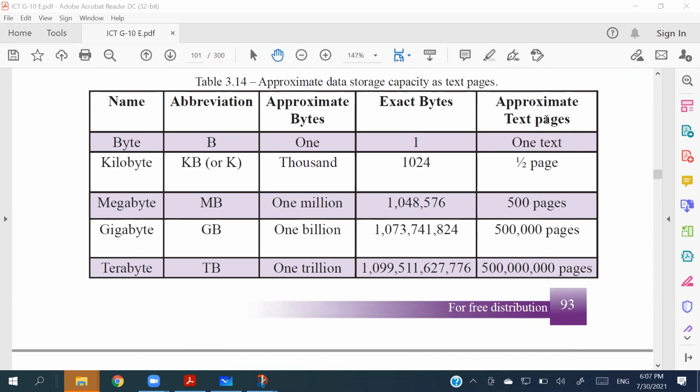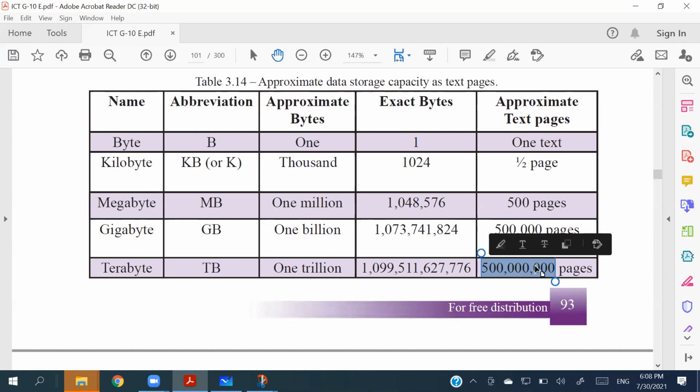So kilobyte is equal to half a page of text, and megabyte is equal to 500 pages, and gigabyte is equal to 500,000 pages. And look at the terabytes, it's like 5 billion, right? Is it billion or half a billion?